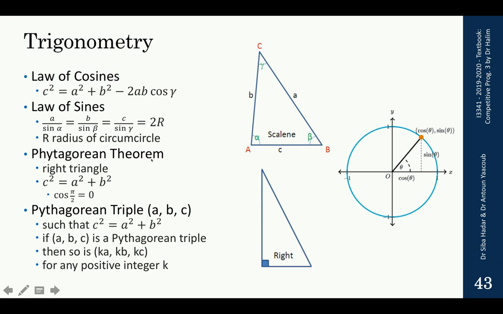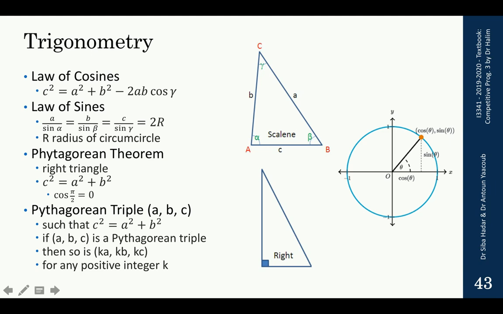Pythagorean theorem applies to the right triangle and is a derivation of law of cosines, where cosine of 90 degrees is 0, so we will have c² is equal, for this angle, the opposite side squared is equal to the summation of the squares of the two other sides.